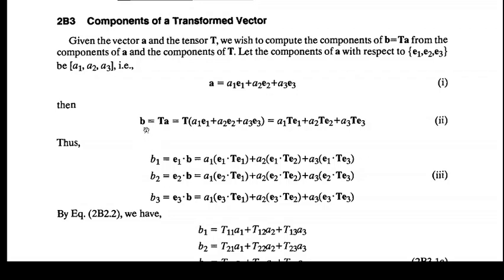Now what is B2? To calculate B2, we will simply take the dot product of vector B with E2.